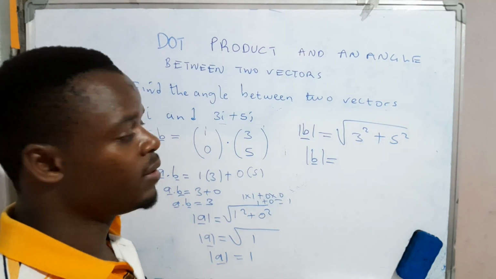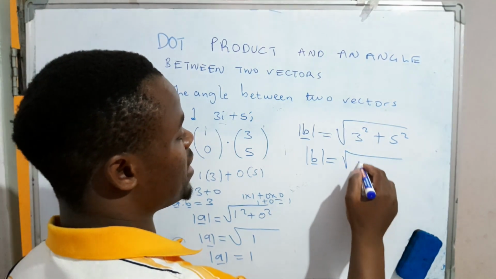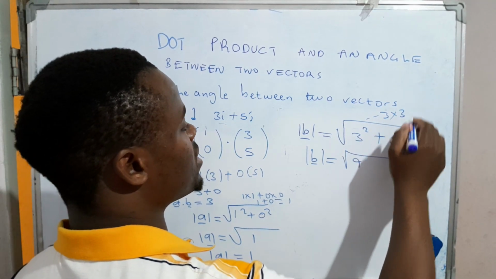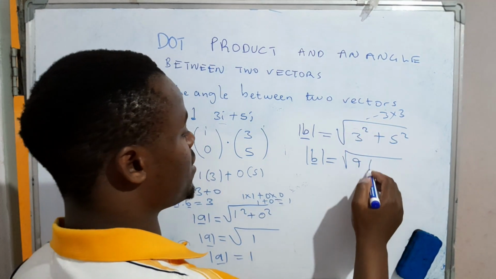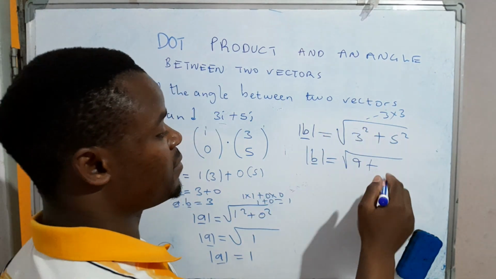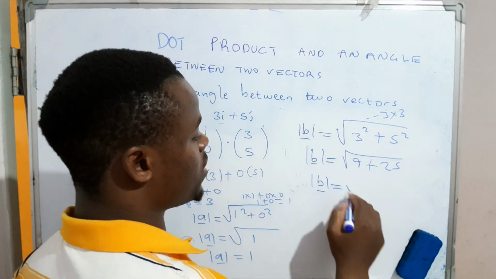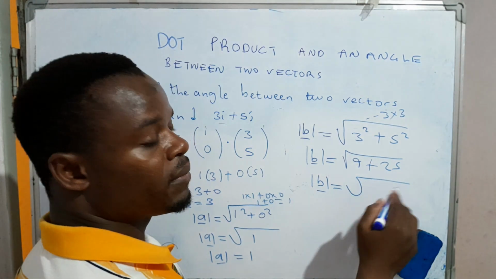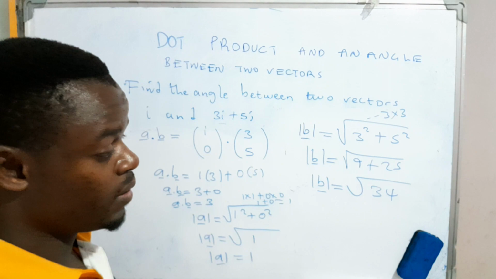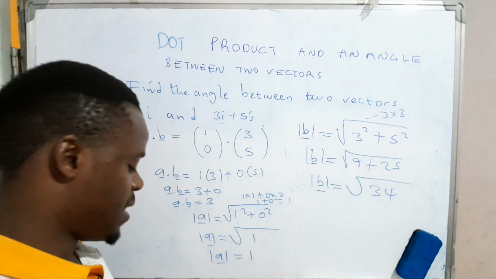I did one on this same channel. What we're going to have is a 9 here, because 3 times 3 gives us 9. The other one equally will give us 25. So this will be 34. We can punch the calculator just to find that answer.